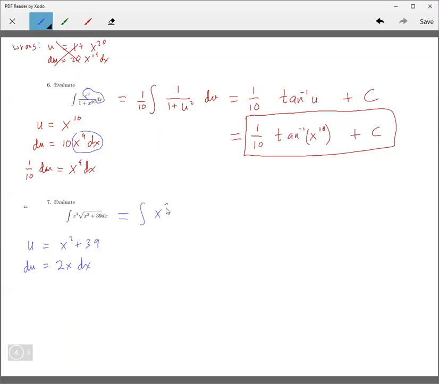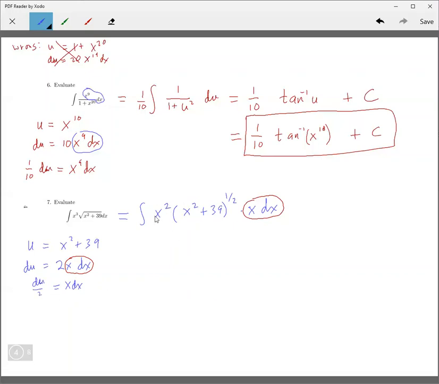Let's split that up into an x squared times x. So x cubed is x squared times x. Now this x dx is exactly this part right here. And so x dx will be equal to du over 2.